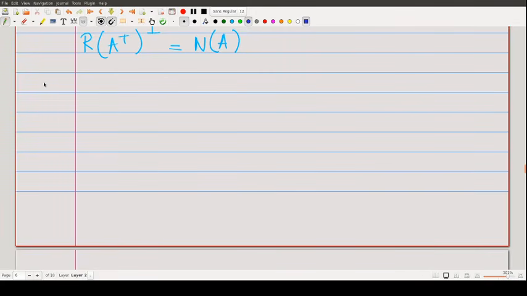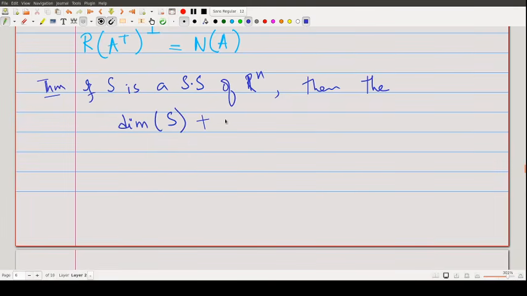Okay, so next up we have a nice little theorem which says the following. If S is a subspace of Rn, then the dimension of S plus the dimension of the orthogonal complement of S is equal to n, which is basically the dimension of the space that you're working in.